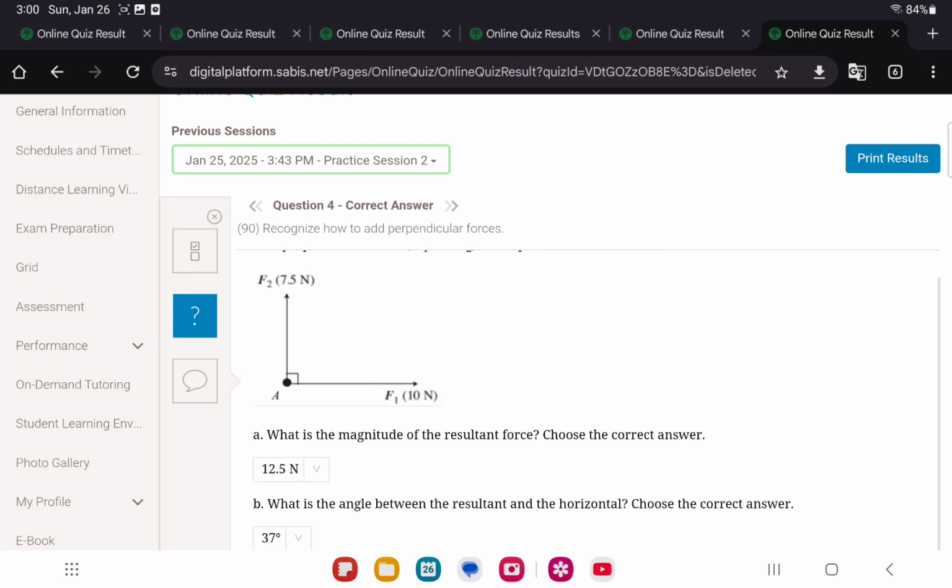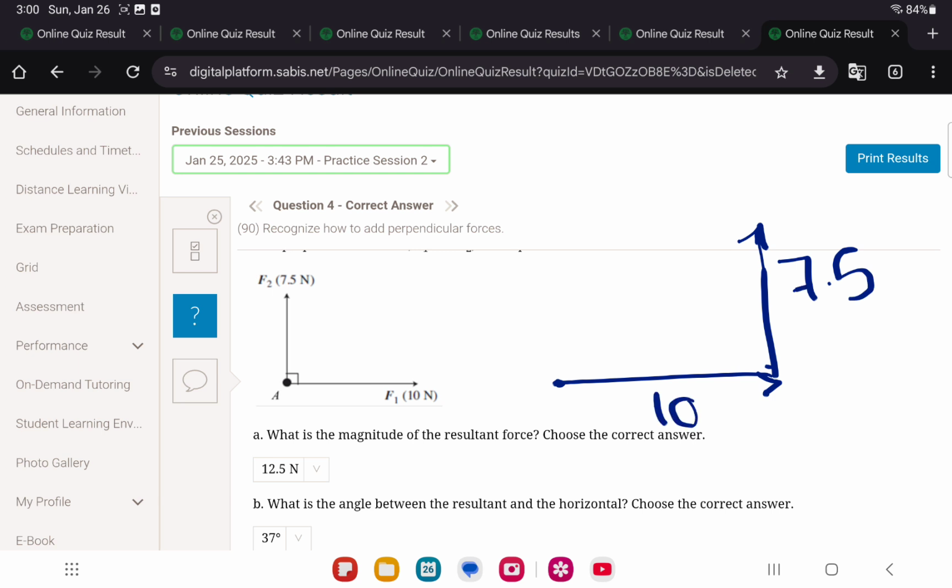Okay, like I said, we have to draw the diagram head to tail. So head on a tail, and then here is a head, and then here is a tail. We know F2 is 7.5, so this is 7.5, and then this is 10. We draw a line here. This will be our hypotenuse, and this will be the net force or the resultant force.